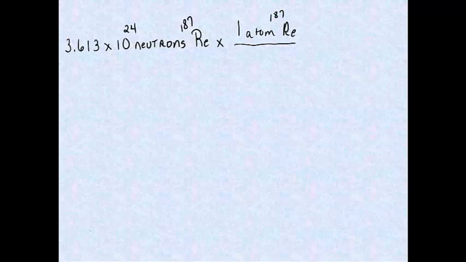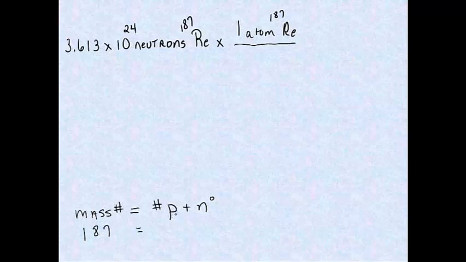So down here a little bit, let's do a little review here. Your mass number, if you recall, the mass number is the number of protons plus neutrons. The mass number is 187.